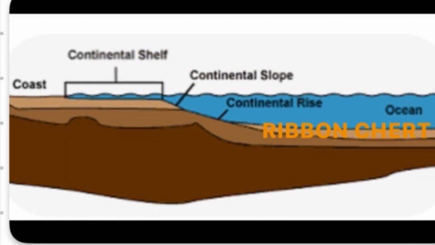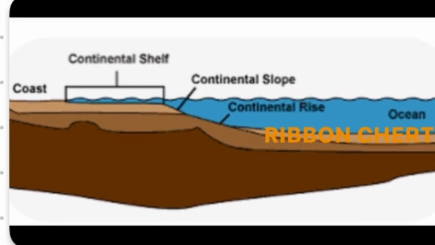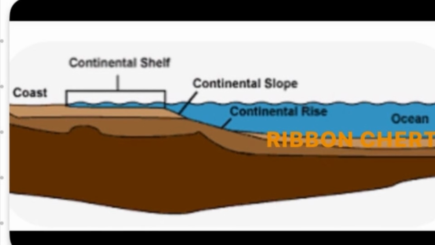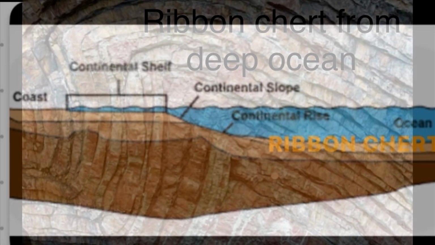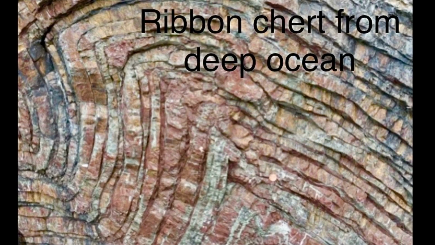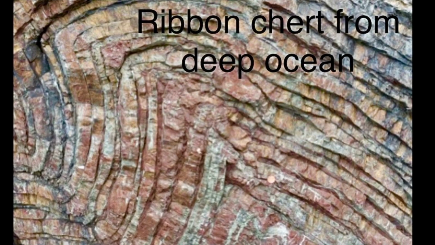This profile of the edge of a continent shows the relatively shallow continental shelf and the steep continental slope that leads down to the very deep ocean bottom. Microscopic particles of silica fall down and settle on the bottom, forming layers of chert.